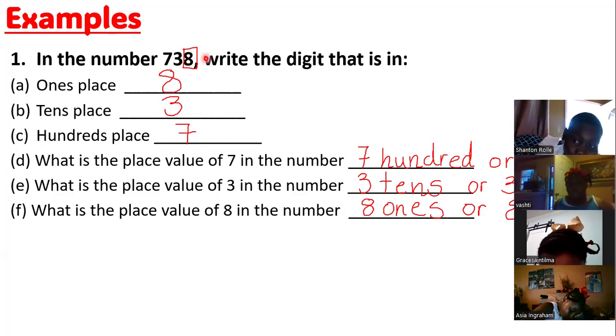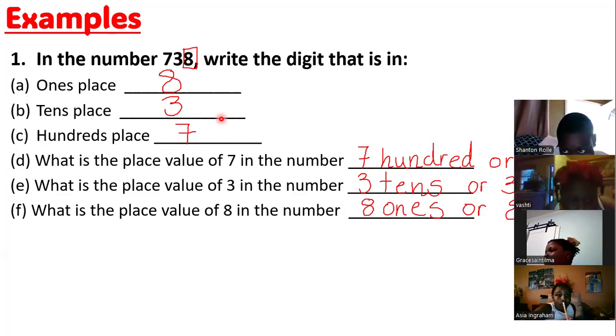All right, so now with these ones for the grade exercise, we have to be very careful. Pay very close attention because you don't want to get them wrong. All right. Asia, you still writing? Yes, sir. Who else is still writing besides Asia?